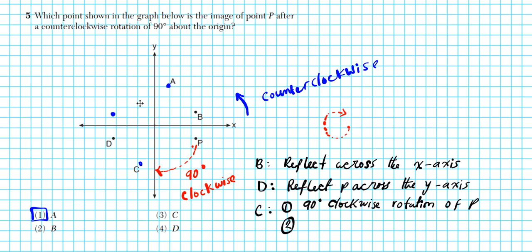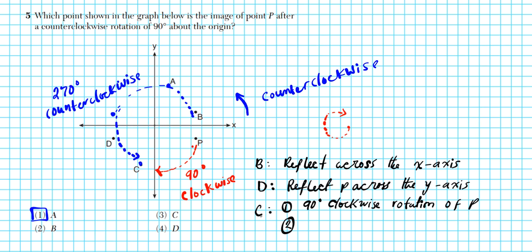So three 90 degrees counterclockwise rotations, a total of 270 degrees counterclockwise rotation, will take you from point P all the way to point C. So a 270 degrees counterclockwise rotation is the same thing as a 90 degrees clockwise rotation.